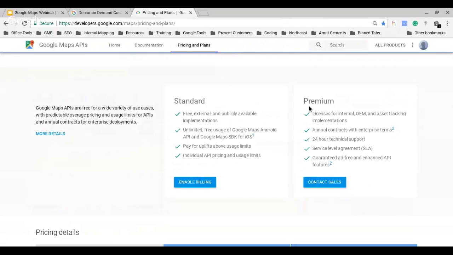Then we have SLAs, right? So we have a service level agreement of uptime. So we promise you that Google Maps will never be down for you, right? There is 24-hour technical support which comes with the premium plan, and annual contracts with enterprise terms is what is different in premium plans as compared to standard plans.